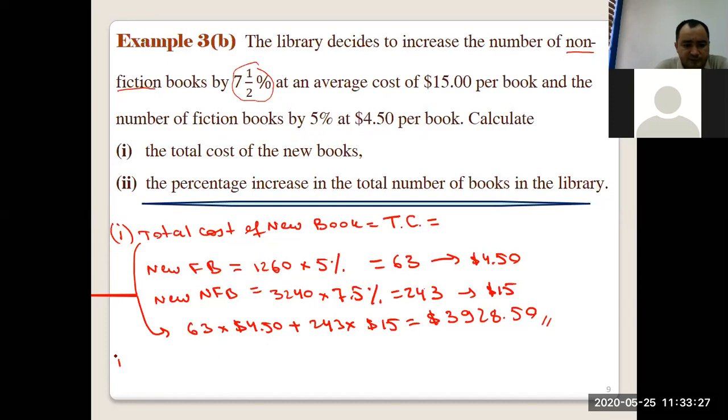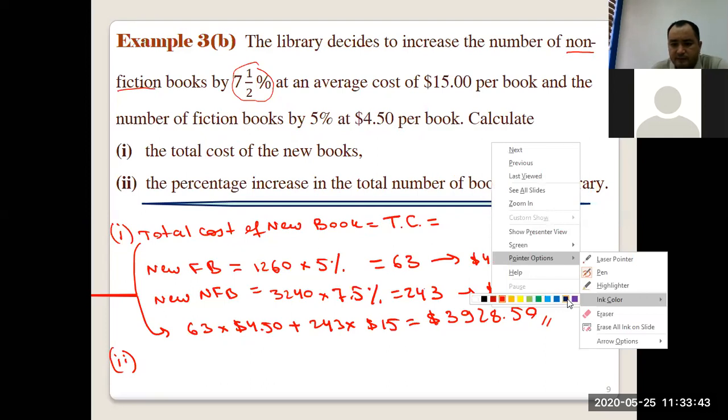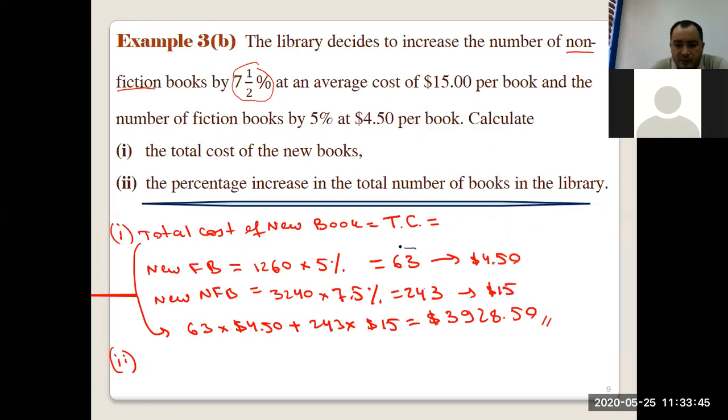Number two, the percentage increase in the total number of books in the library, right? So how many new books are already bought? So this many new fiction books and this many non-fiction books, right?